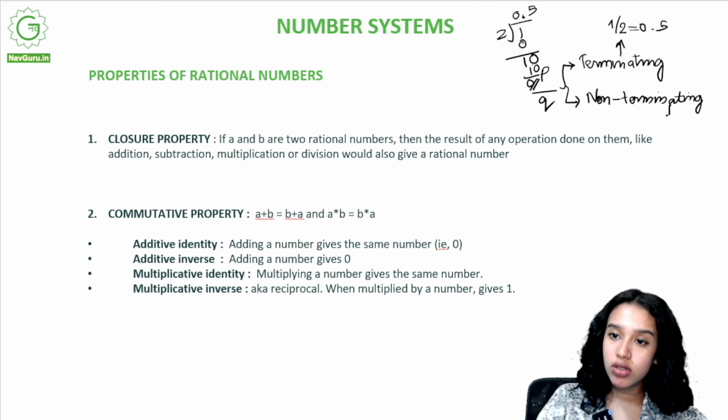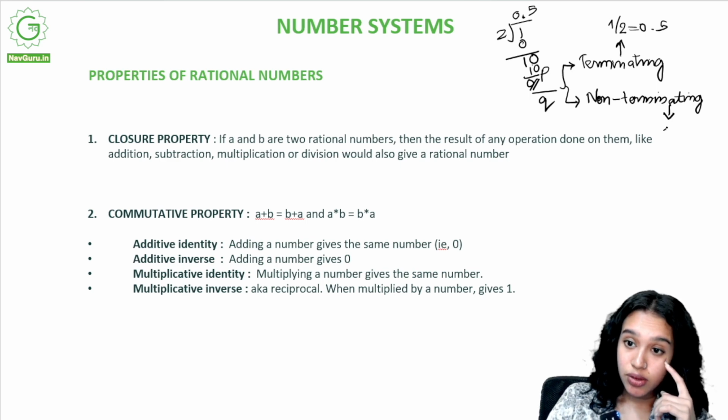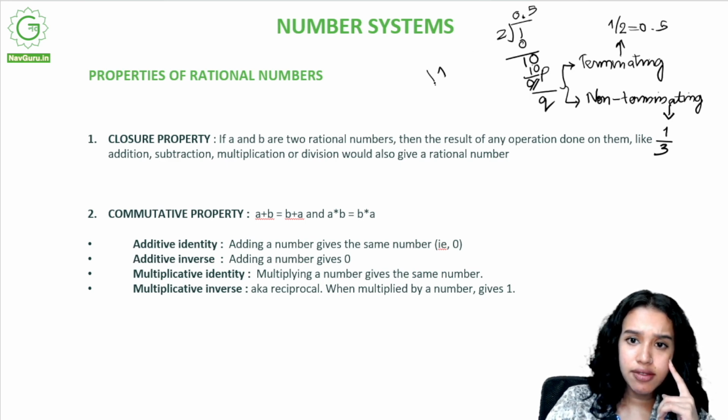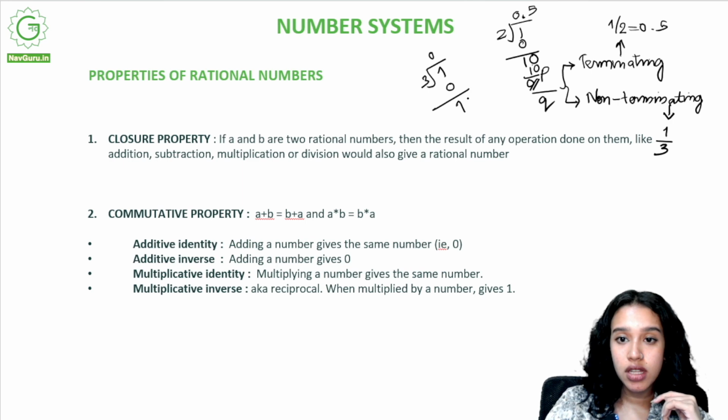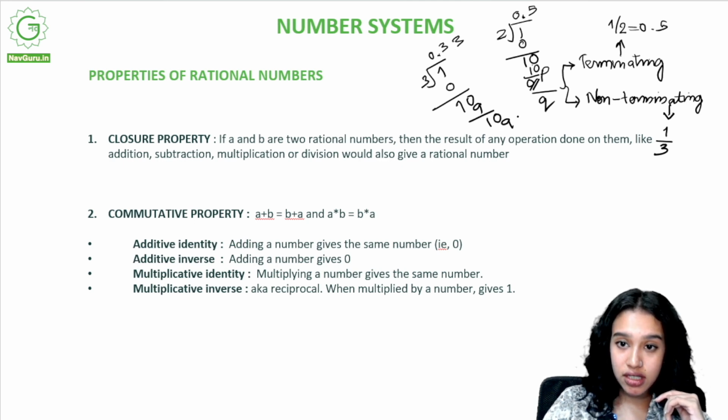Now when we are looking into the non-terminating figures, we could see 1 by 3. If I'm dividing 1 by 3, 0 3s are 0, 1 comes down, and I'm adding a 0 and putting a point, so 3 3s are 9, again 1 balance, 0, 3, 9, 1, it just goes on.